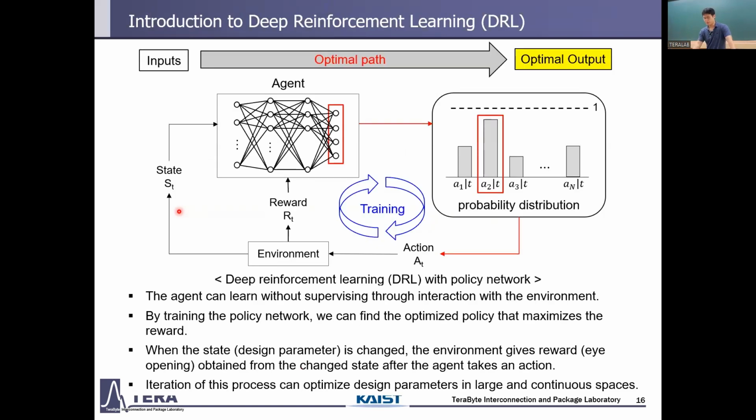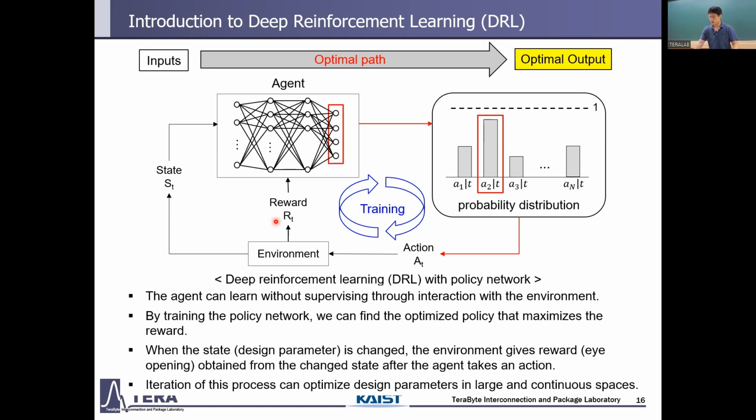To solve this problem, we need to introduce deep reinforcement learning, which is 강화학습 in Korean. In deep reinforcement learning, the agent can learn without supervision through interaction with the environment. By training the policy network, we can find the optimized policy that maximizes the reward.